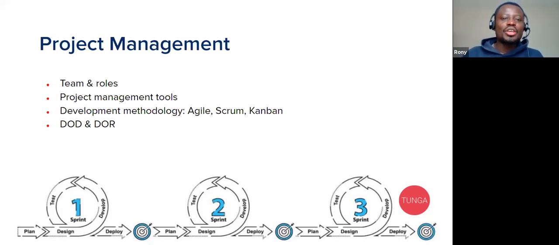And how are you going to track these issues? How does the issue move from being in progress until it's on the server? When does it go to QA? When does it come back from QA? All those things are supposed to be clear, and even the methodology you're going to use. So this is a huge component of software development. It's not just about writing lines of code.